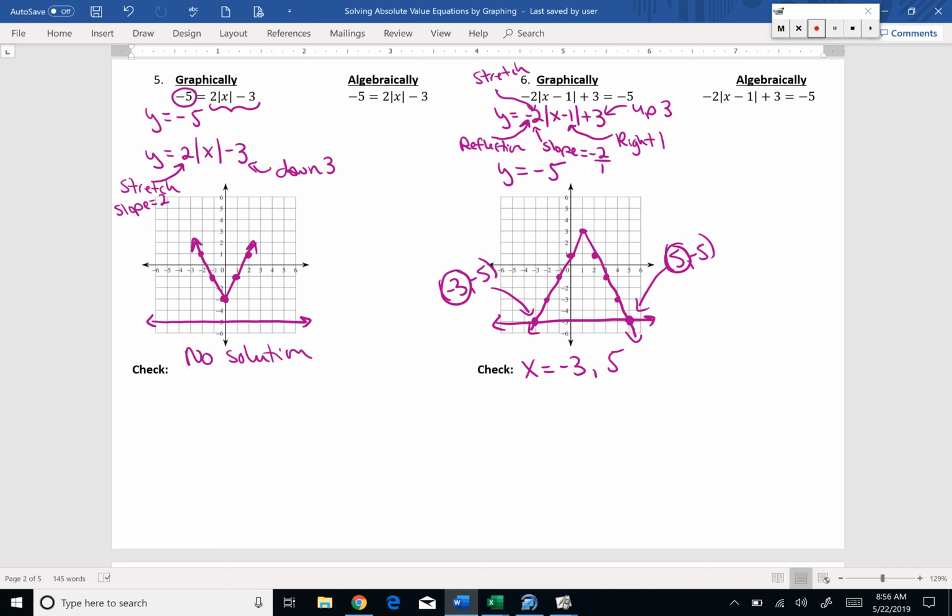So if you're one of my people that switches around the x and the y on your ordered pair, when you go to check your x values, they're not going to work, and then you'll catch your mistake. So be careful when you list your ordered pairs. Now the check on this one, it is going to take a little more work. -2, absolute value bar, -3 for the x. We've got +3.